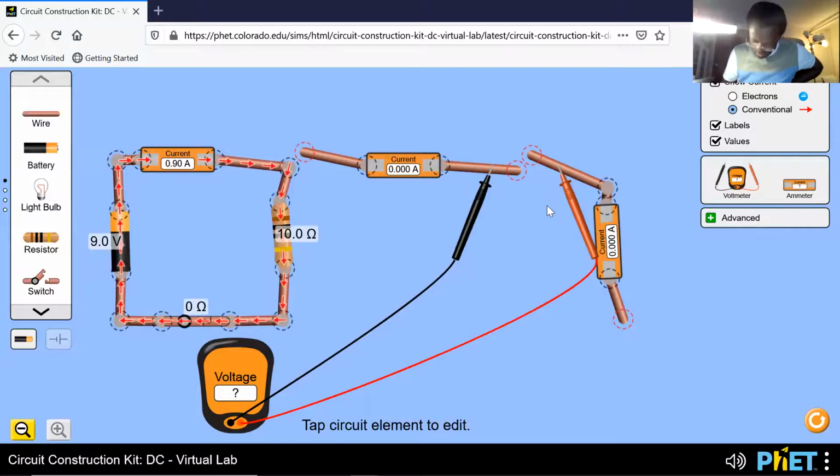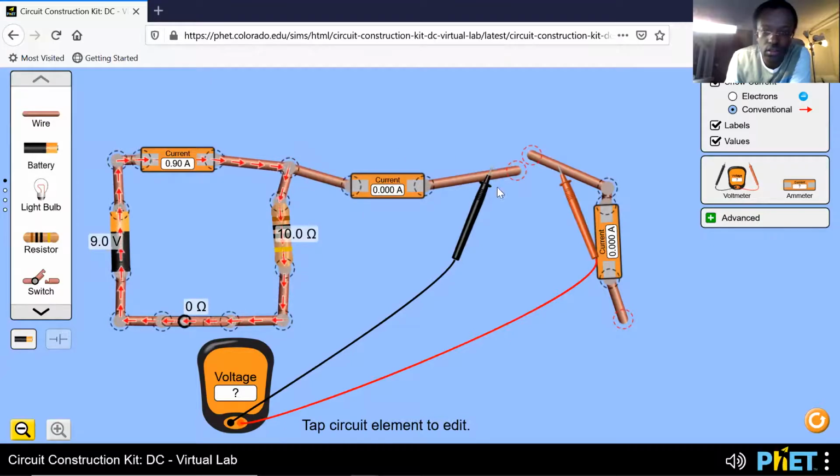Record the data for resistors in parallel circuit in table 3 below. Okay, so we need them to be in parallel. What's this for?